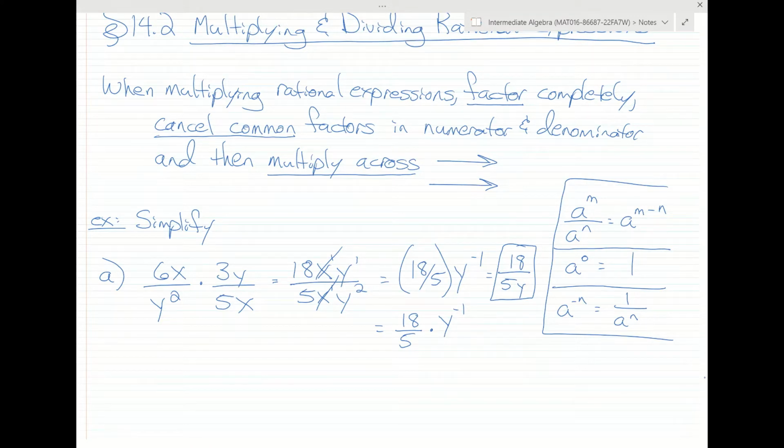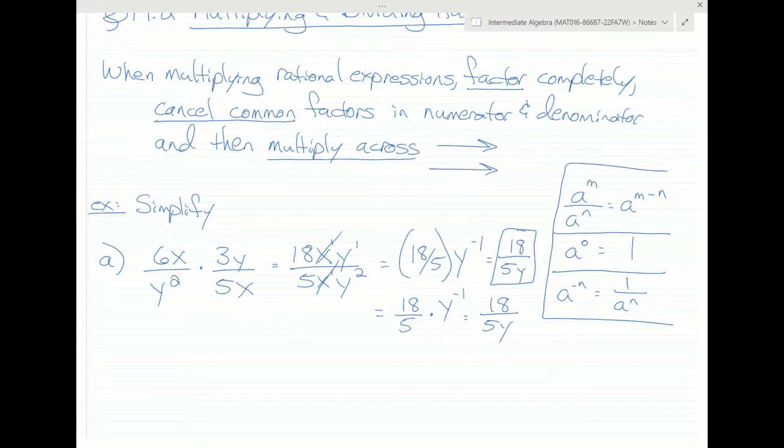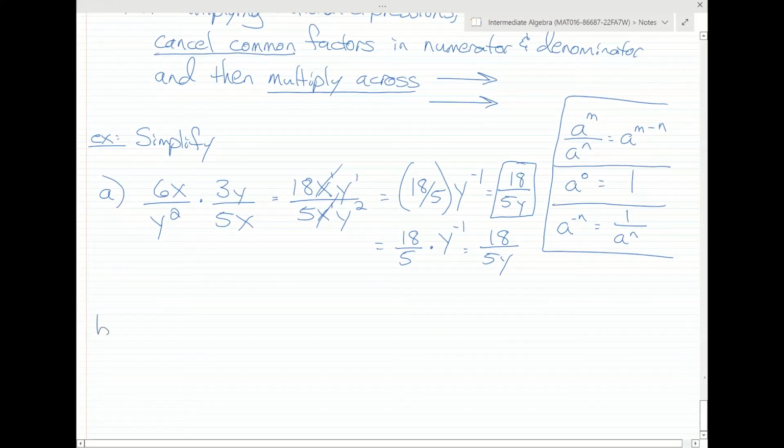So y to the negative first is on top. But we don't want it to be negative, so we put it on the bottom. Does that make sense? So this just becomes 18 over 5y, like we said. All right, maybe see a couple more of these.